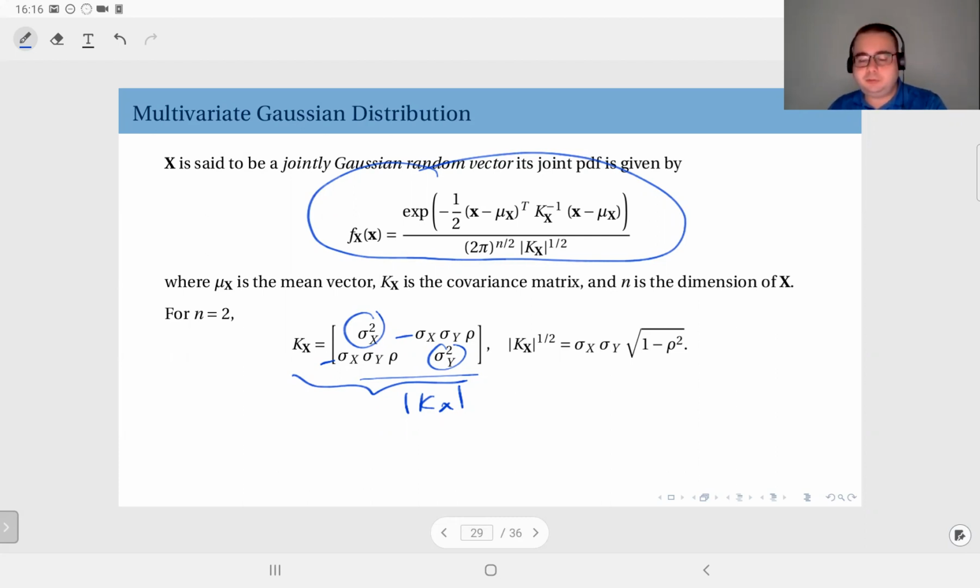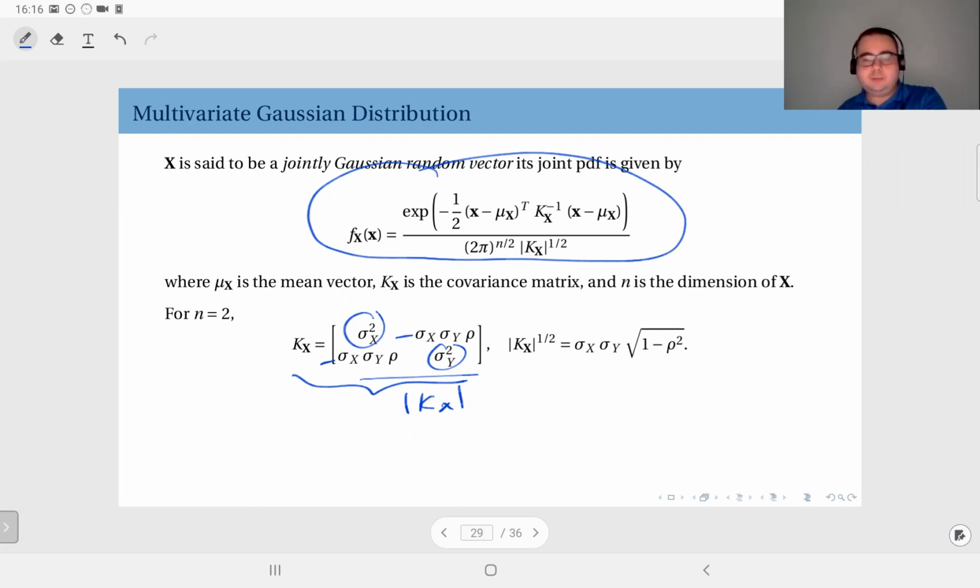But in fact, the Gaussian distribution is entirely described by its mean and the covariance matrix, right? That means for any Gaussian distribution, it could be a single Gaussian random variable, or a bivariate, or a multivariate distribution. If you have the mean and the covariance matrix, you can characterize the distribution entirely.